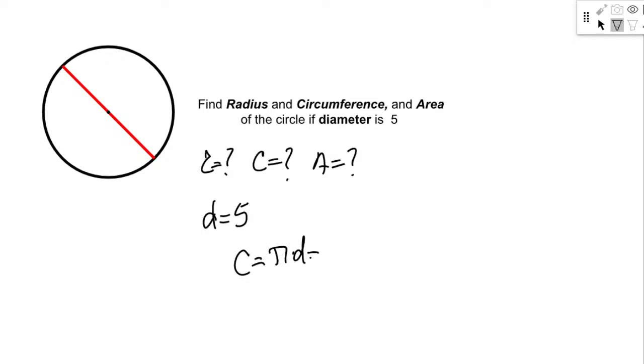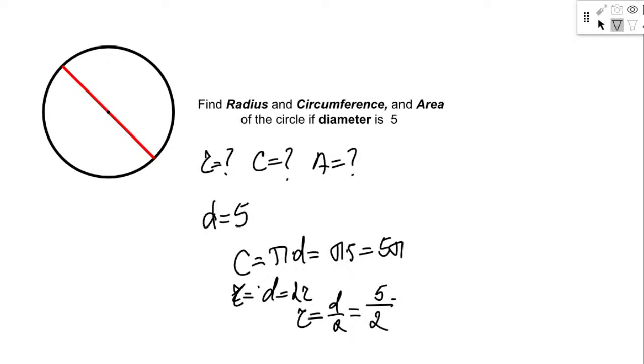So we have c equals pi multiplied by 5, or 5 pi. What is our radius? We write d equals 2r. So we can write r equals d divided by 2. So here, radius equals 5 divided by 2. It's 2.5. And let's find the area.